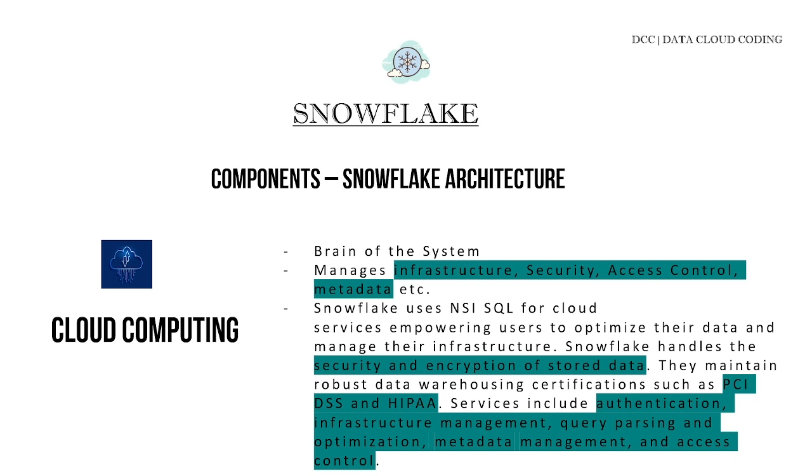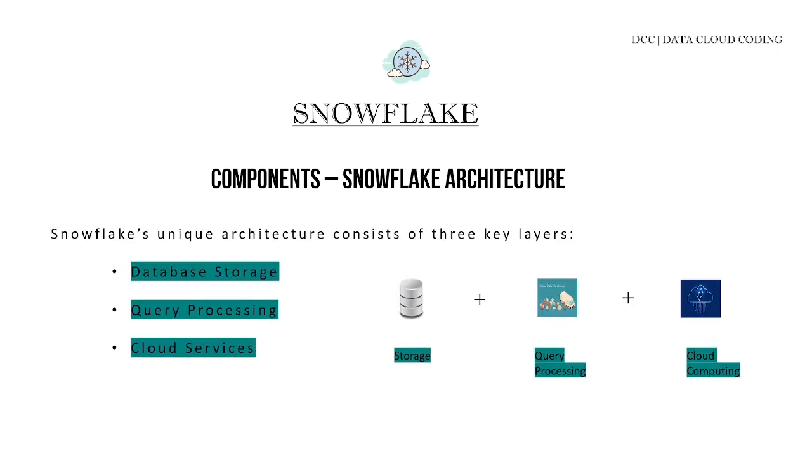Okay, so these were the three components in Snowflake architecture. We have the storage layer, the query processing layer, and the cloud services layer. The storage layer is responsible for storing all the data, structured, semi-structured, whatever it may be. The cloud services layer is responsible for many important aspects, from infrastructure, authentication, access control, to metadata management.